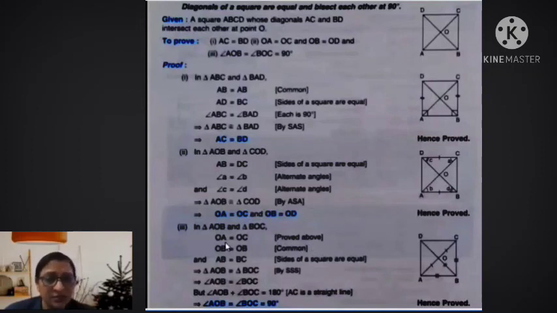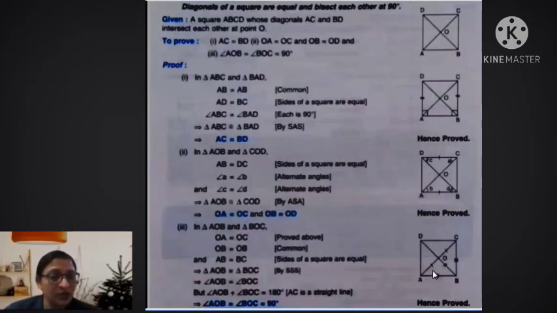In the third case, triangle AOB and triangle BOC, side OA equal to side OC is proved previously. OB is a common side, AB equal to BC since they are the equal sides of the square, and triangle AOB is congruent to triangle BOC by side test. Here angle AOB equal to angle BOC. They are corresponding angles of the congruent triangles.